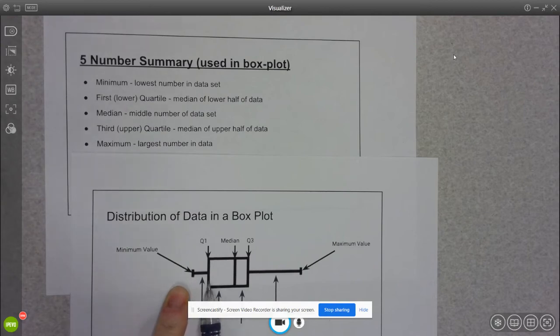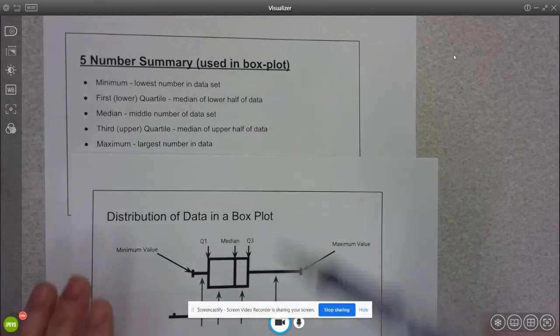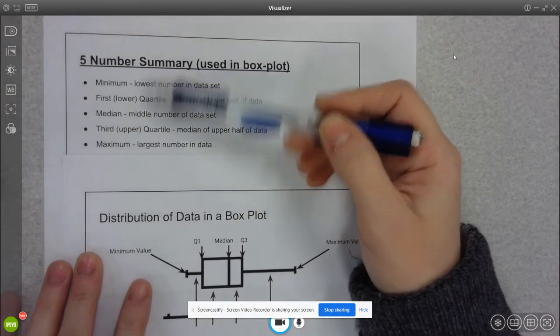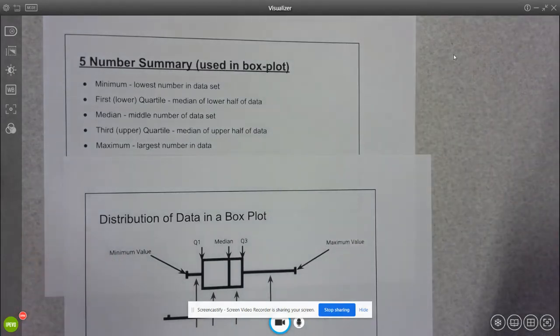The next vertical line we see is our quartile 1. The next line we see is our median, quartile 3, and then our maximum value. So each of these vertical lines is one of what's called my 5-number summary, because there are 5 values that help us make our box plot.